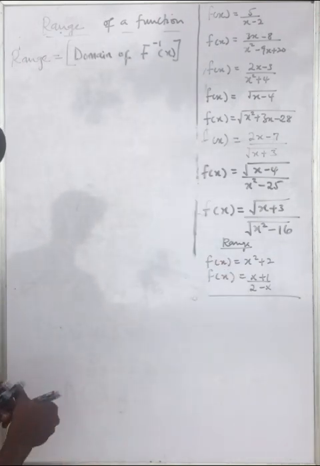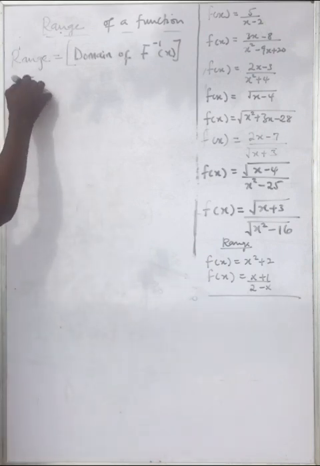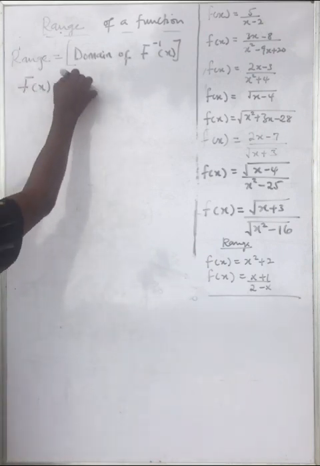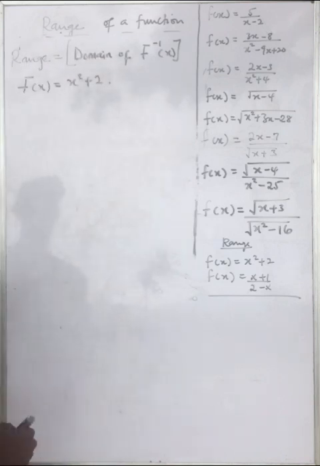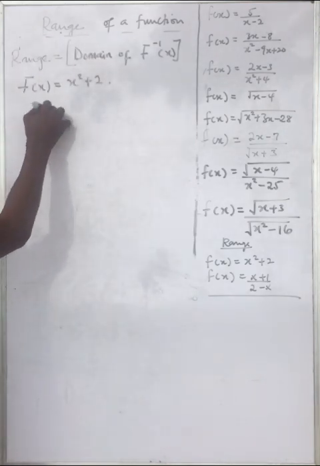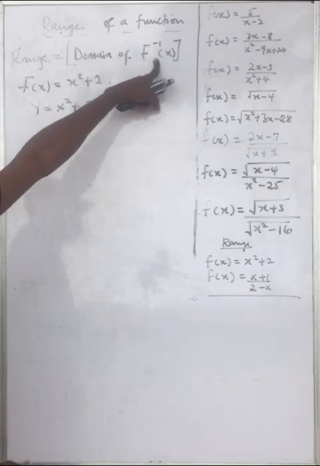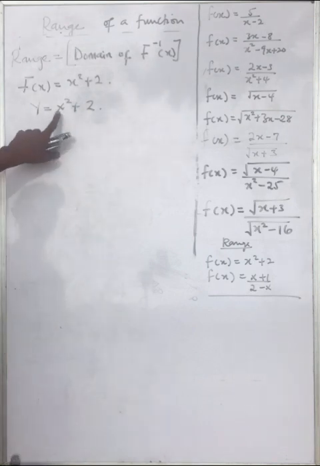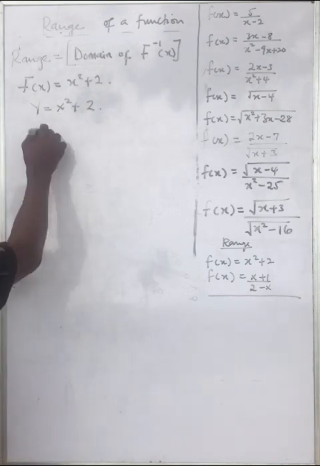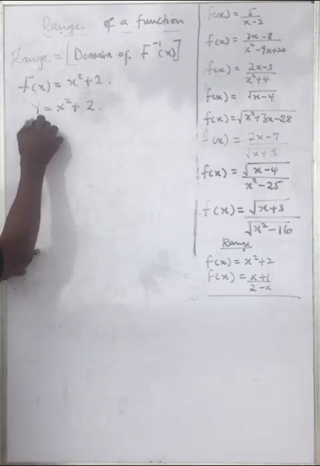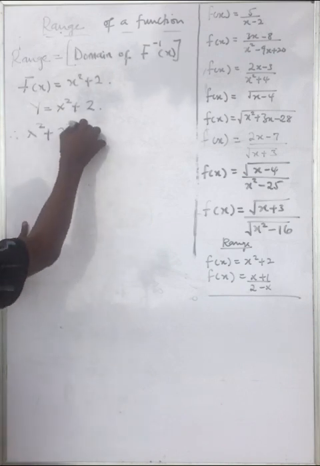For example, let's look at this problem here. We are given f of x is equal to x squared plus 2 now. How do we find the range of this function? Very easy. So let's assume y equals x squared plus 2. We need to first find the inverse of the function. Are you with me now? By making x the subject of formula. We can rewrite x squared plus 2 is equal to y.